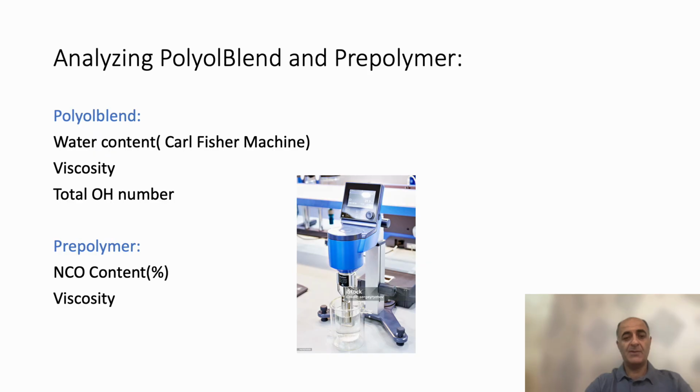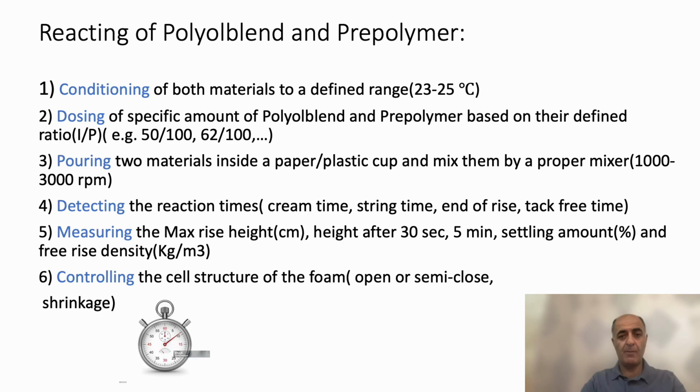And on the prepolymer side, we will measure the viscosity and NCO content, which are very important parameters, which show us how much prepolymer we need to react with the specific amount of OH number from the polyol blend to make a proper polyurethane foam.